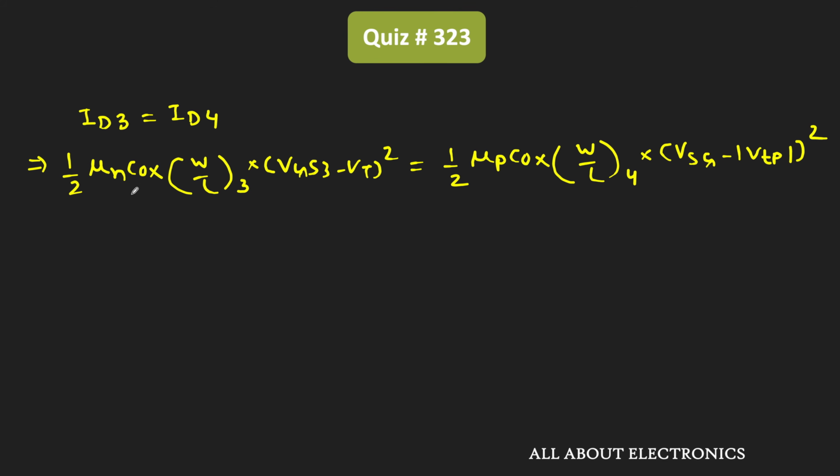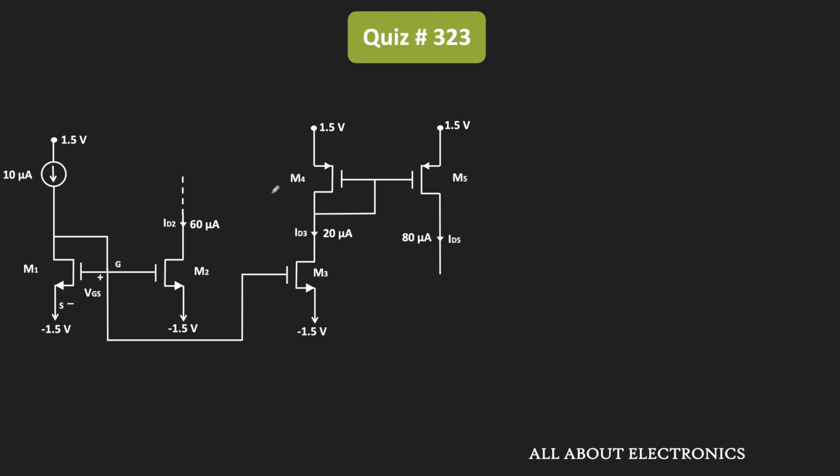Now if the mu n times Cox is equal to mu p times Cox and the overdrive voltage of this third and the fourth MOSFET are equal, in that case the W by L ratio of this third and the fourth transistor will be equal. And in that case, the width of this fourth MOSFET should also be equal to 5 micron.